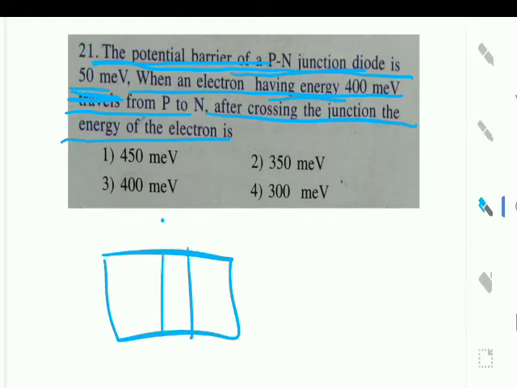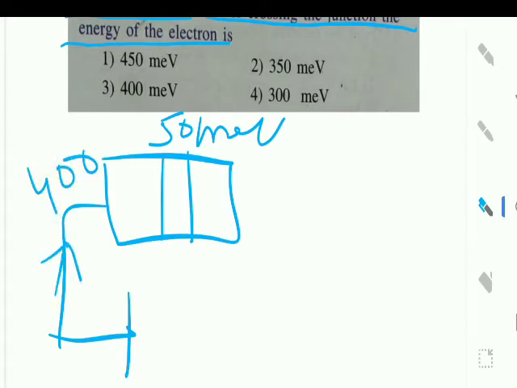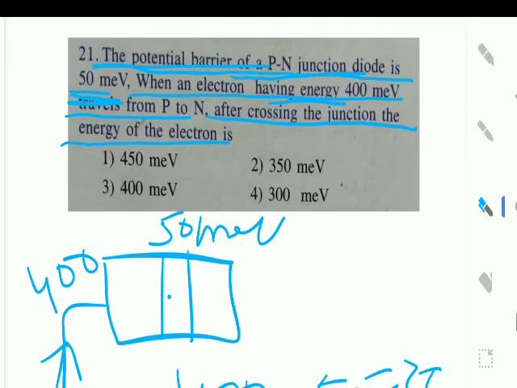So here the barrier resistance 50 milli electron volts. This barrier resists the electron kinetic energy 50 milli electron volts. So total electron energy 400. So here opposing 50 milli electron volts, then 400 minus 50 is equal 350 milli electron volts energy crossing the junction diode.